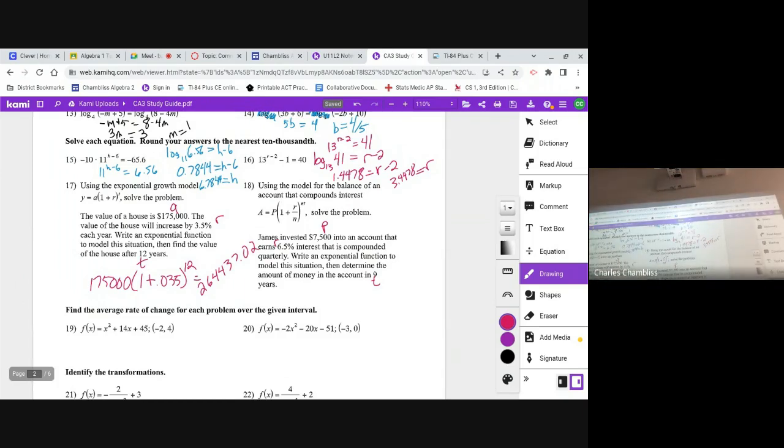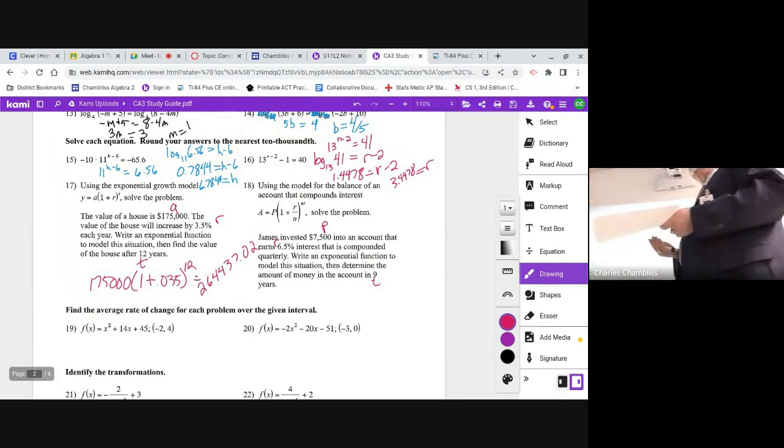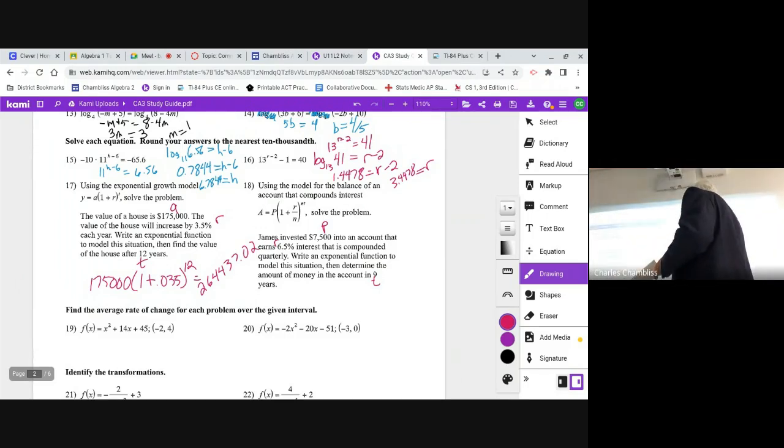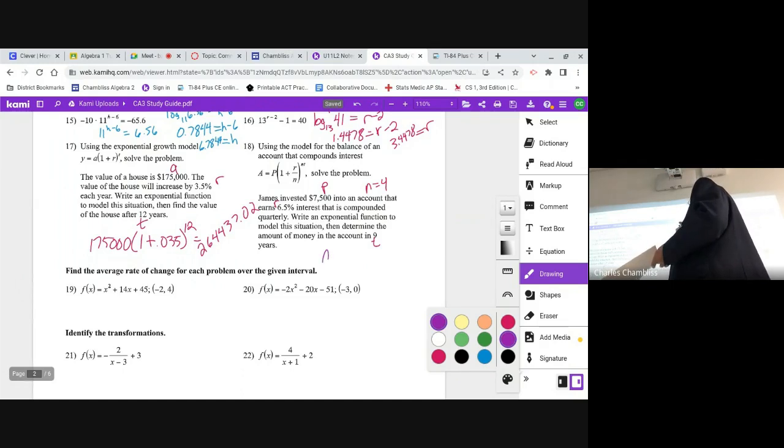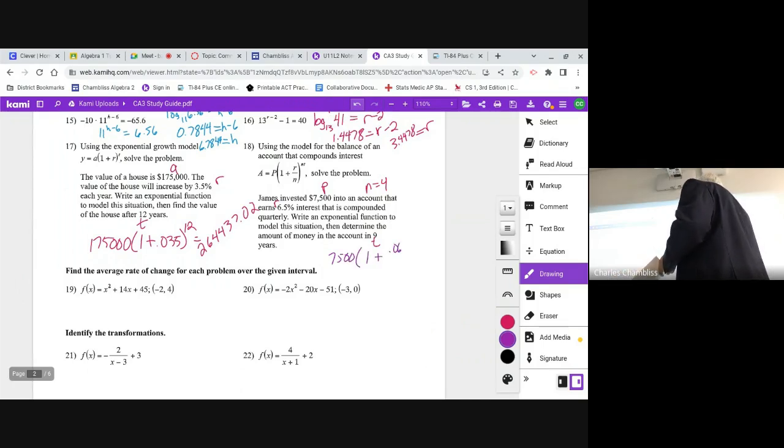So that's kind of a little added extra wrinkle in this question. How many times is it compounded per year if it's compounded quarterly? Yeah, 4. So that means N is 4. So when I go to set it up, my amount equals 7,500 times 1 plus 0.065 over 4 to the 4 times 9.